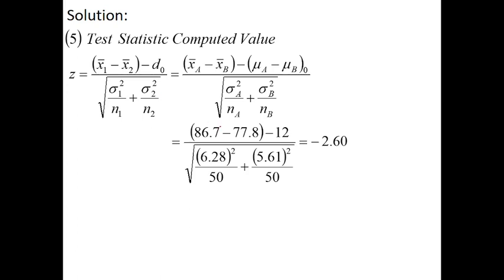Now, what is 86.7 minus 77.8? That's the difference of the two sample means versus the difference of the two population means. 86.7 minus 77.8 is 8.9.